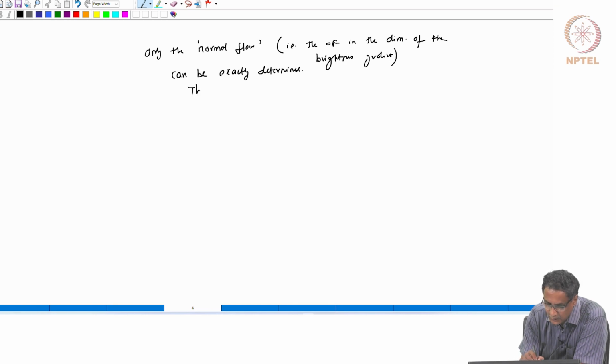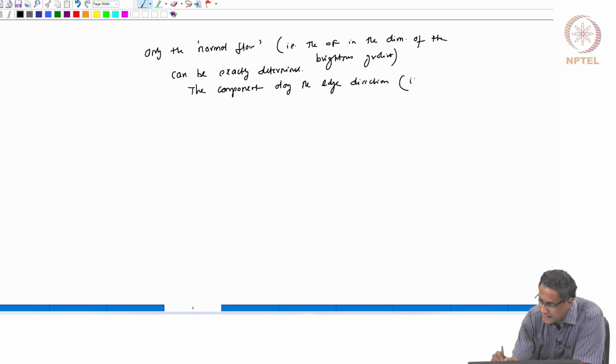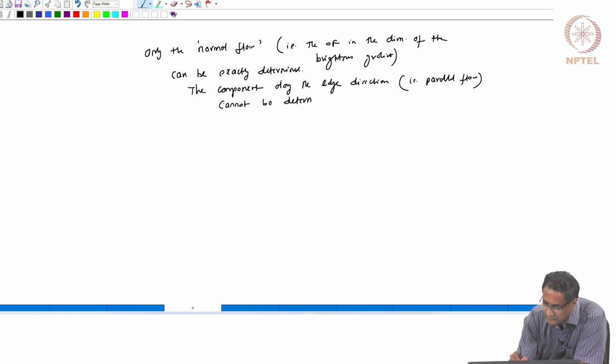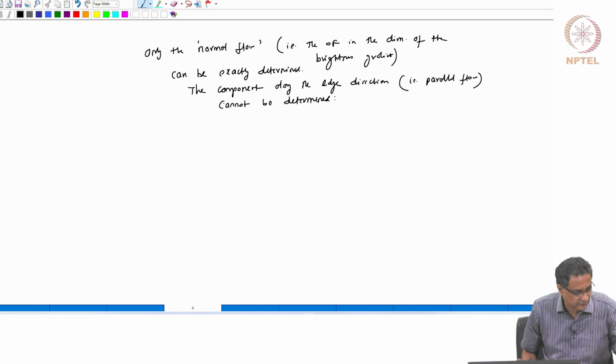The component along the edge direction, which is called the parallel flow, cannot be determined based on the single equation. Cannot be determined means based on one equation.